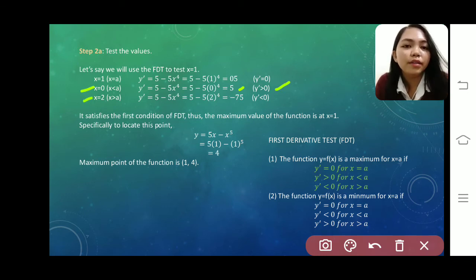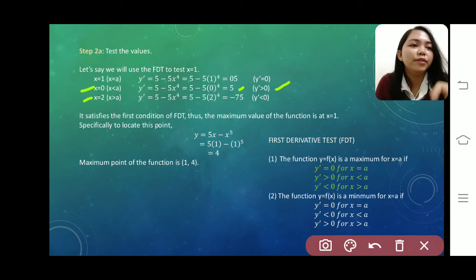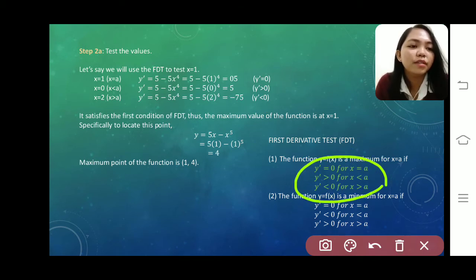And then, pag-consider ko naman nung value na x greater than 1, we have 2. So, ang lumabas na sagot for y prime is negative 75. So, therefore, the value of the first derivative is less than 0. Therefore, ano yung sinatisfy niyang condition? So, we have the first condition.